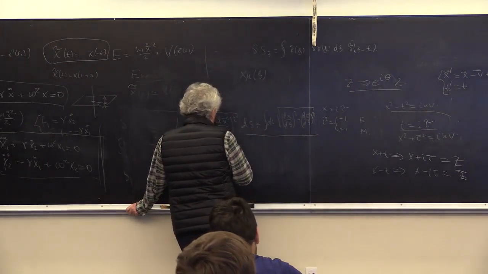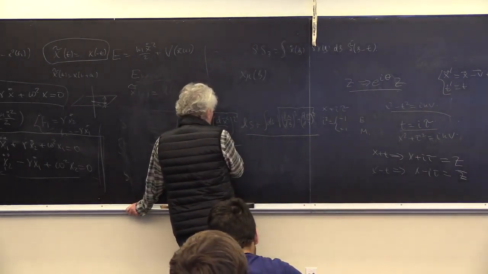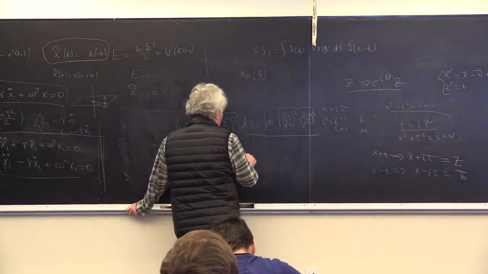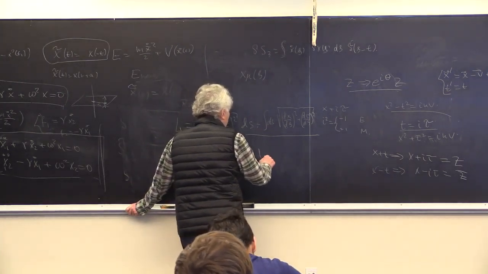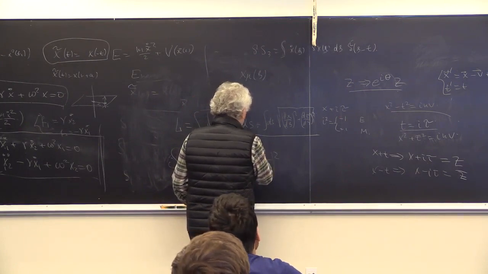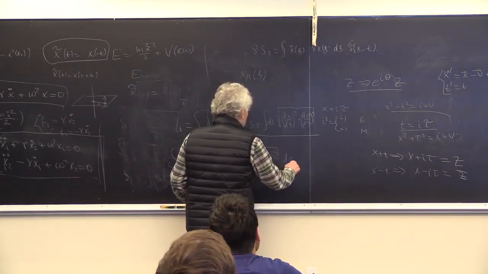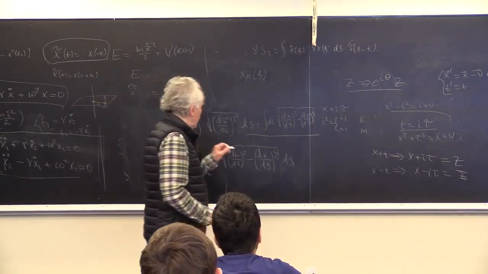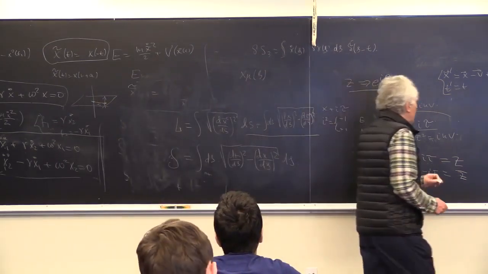There is some constant in front anyway, so I shall write it down this way: minus dx ds square, integral over ds. And that's precisely it, it will be Lorentz invariant.